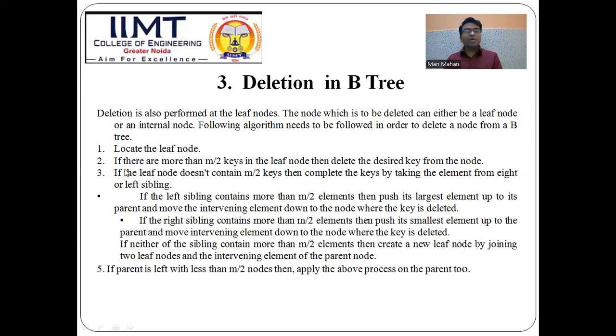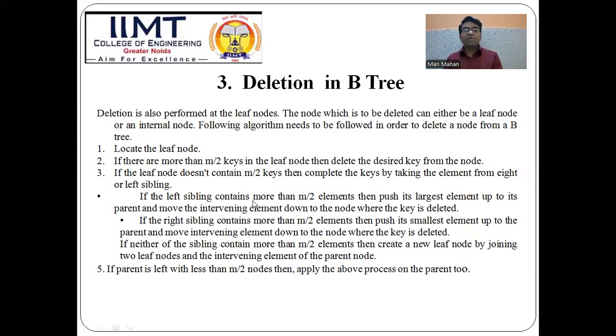Now second step: if there are more than m by 2 keys in the leaf node, then delete the desired key from the node. If the leaf node does not contain m by 2 keys, then complete the keys by taking elements from the left sibling or right sibling.